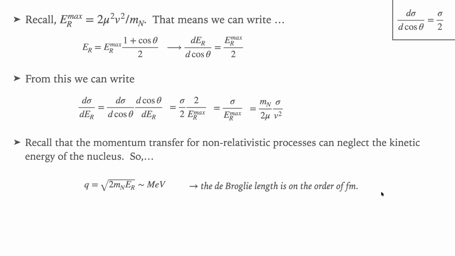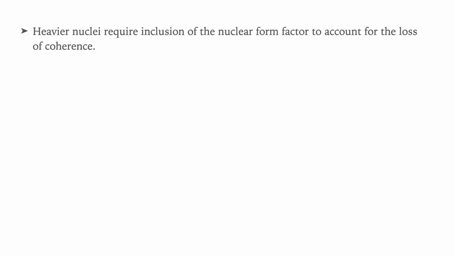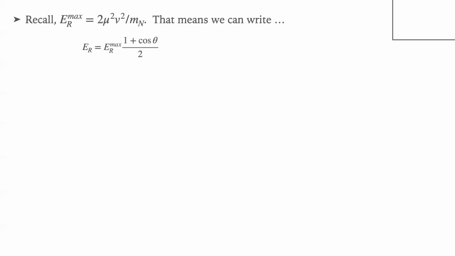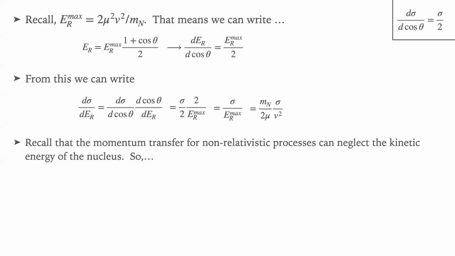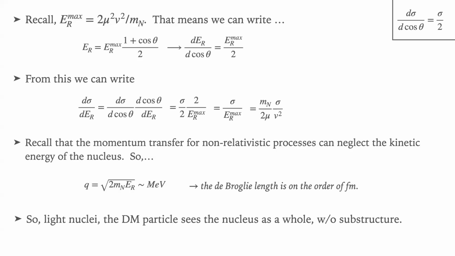That expression is on the MeV scale, and we remember that the de Broglie length that we were looking at was on the femtometer scale. What this means for light nuclei is that if the nucleus is really light, your dark matter particle sees the nucleus as a whole without any substructure, right?